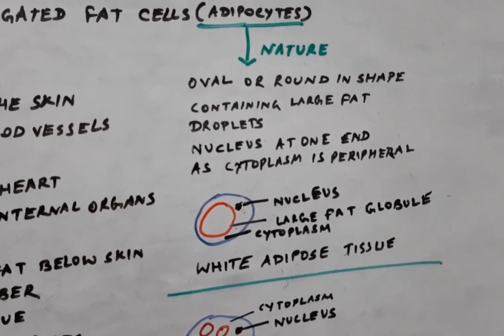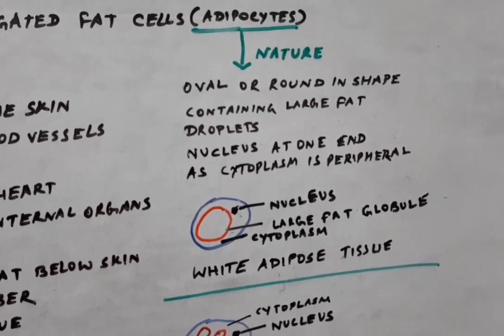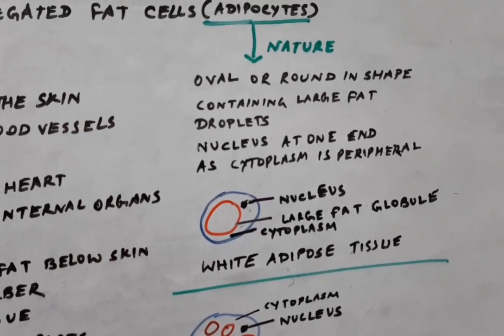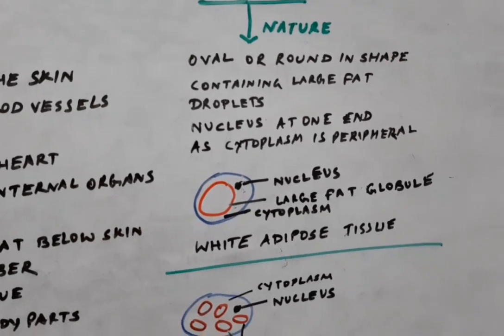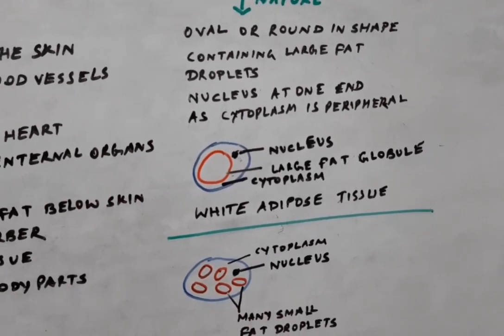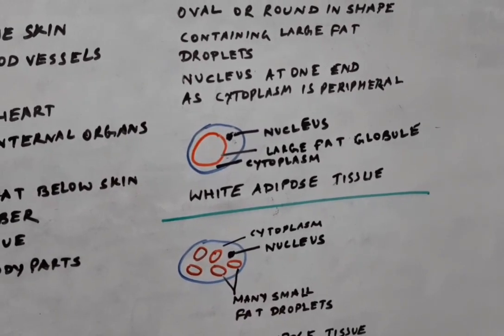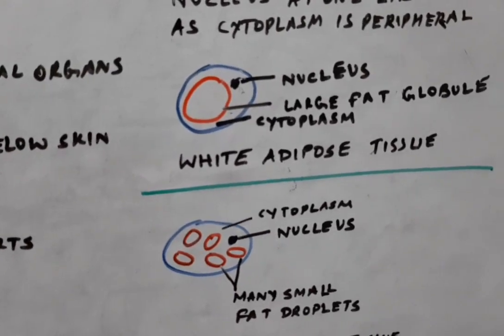Due to this large fat globule, the cytoplasm is confined at one end and the nucleus is in the periphery. Now based on the number of fat droplets present in the adipocyte cells, they may be named as white adipose tissue if the number of fat droplets is only 1.